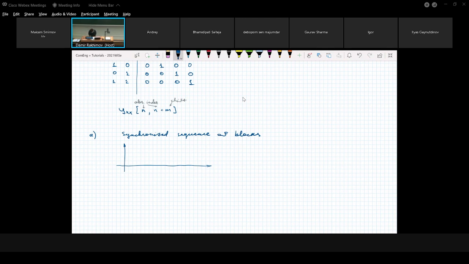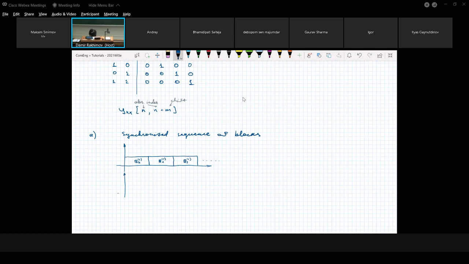Let's say you have an arbitrary sequence. First you have block B1. The superscript means that it's the first realization. Then you have block B2, then block B3, and infinitely many blocks.